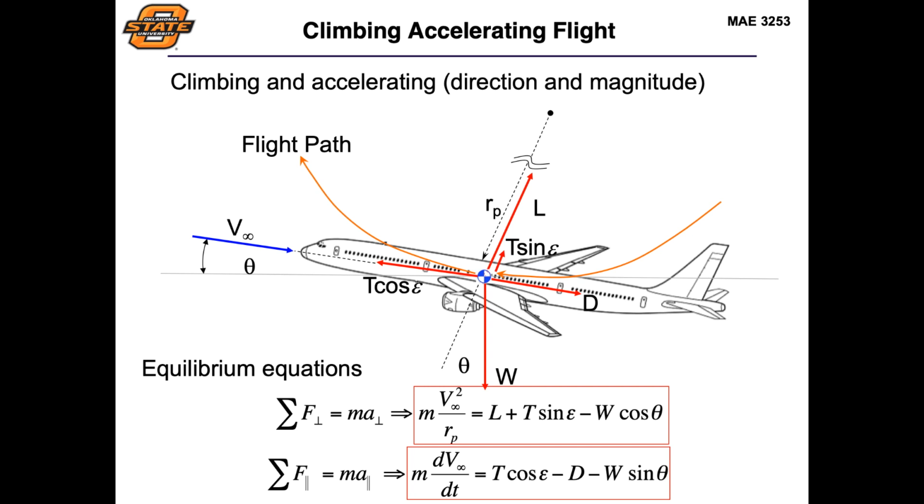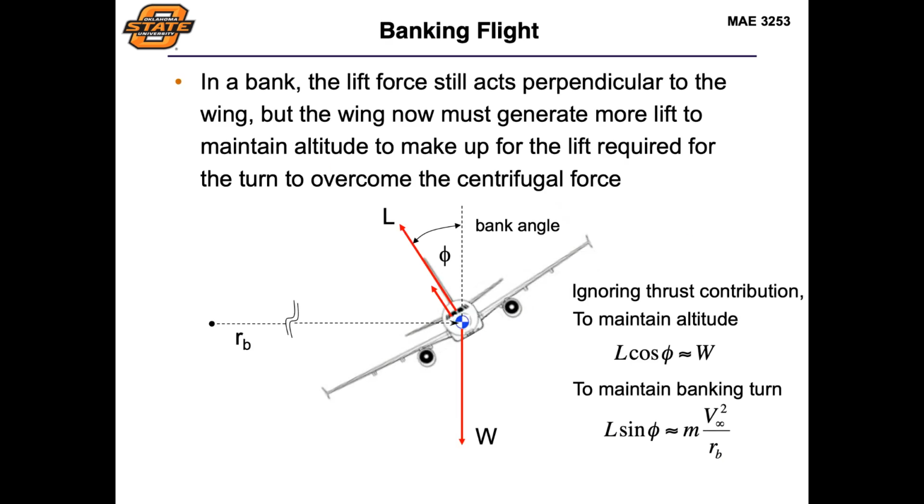Now, this is only looking along the direction of motion of the aircraft. If we want to bank the aircraft, now we'll have to look at the aircraft from a slightly different perspective. In this case, when we start to bank the aircraft, what we're doing is generating a lift force along a direction of turn for that aircraft. So we're going to bank the aircraft, and we're assuming that our lift is going to increase.